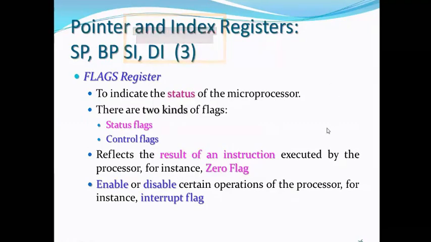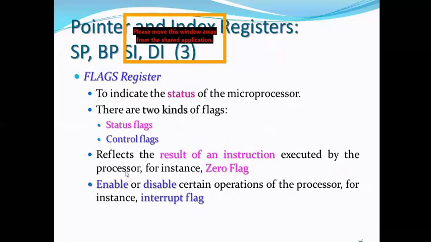All right, so we know that we are sometimes getting a result, right? Based on that result, the status is changing or being transferred to the microprocessor. And the last one, the control flags. Control flags are related to activating or inactivating certain operations of the processor.